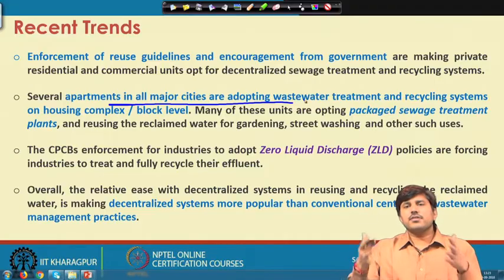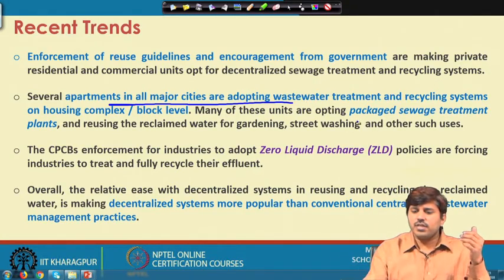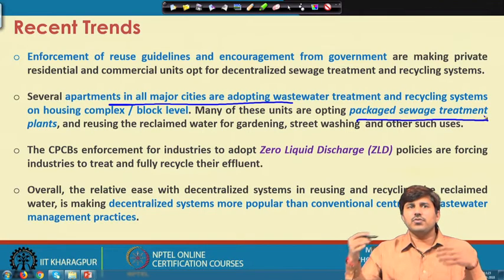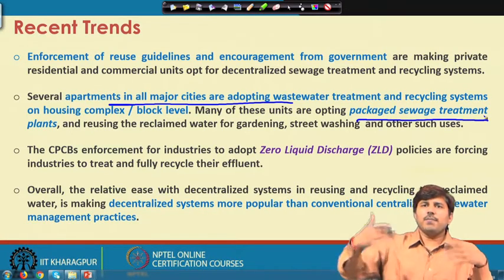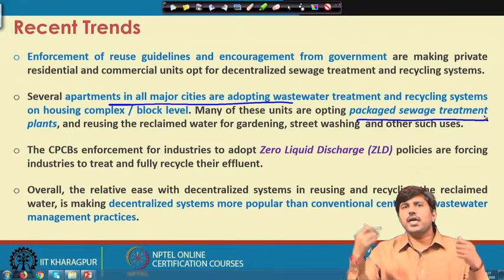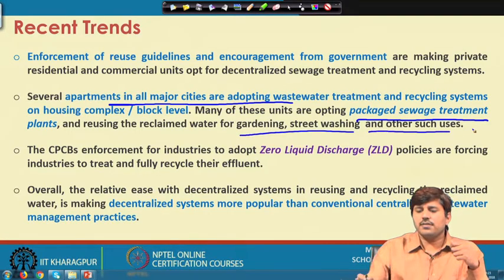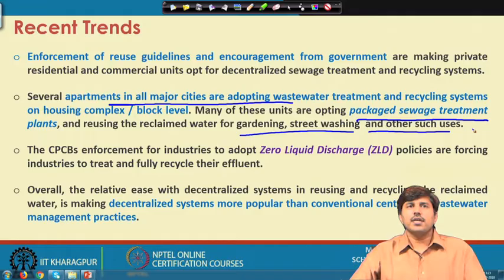treatment facility. These treatment facilities are mostly packaged sewage treatment units. The complex will buy a packaged sewage treatment plant, treat the sewage through it, and then recycle or reuse the reclaimed water for gardening, street washing and other such purposes.